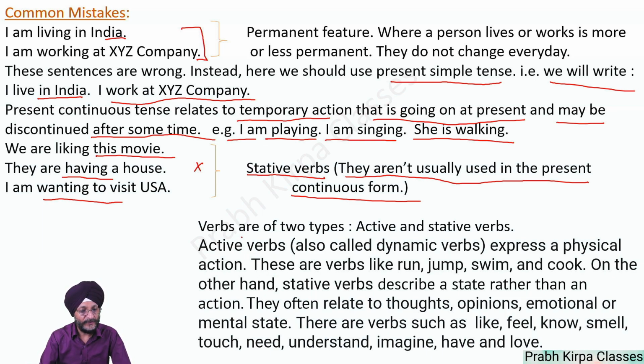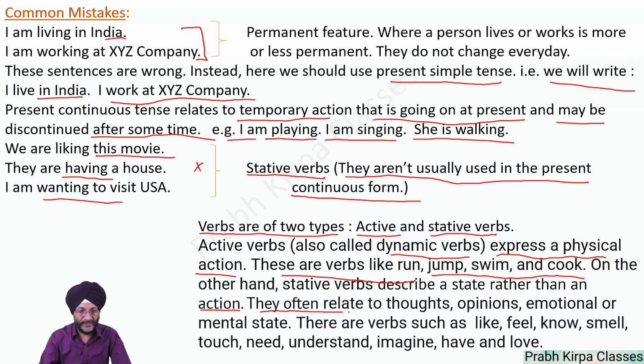For some clarification, please note that verbs are of two types, that is active verbs and stative verbs. Active verbs are also known as dynamic verbs. Active verbs express a physical action. These are verbs like run, jump, swim, cook, etc. On the other hand, stative verbs describe a state rather than an action.